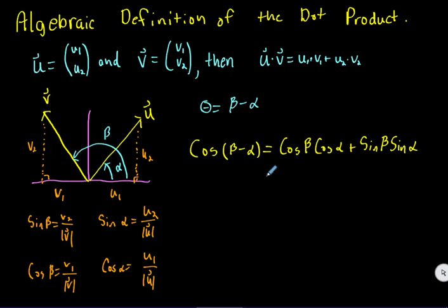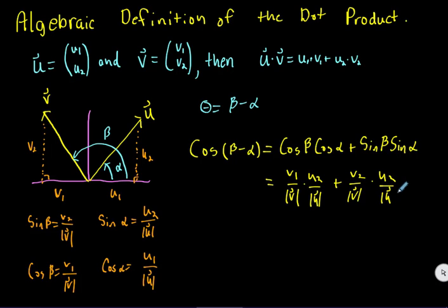And now I can go ahead and do some substitution. What's the cosine of beta equal to? That's v sub 1 over magnitude v. The cosine of alpha is u sub 1 over magnitude u, plus the sine of beta is v sub 2 over magnitude v, times the sine of alpha, which is u sub 2 over magnitude u.